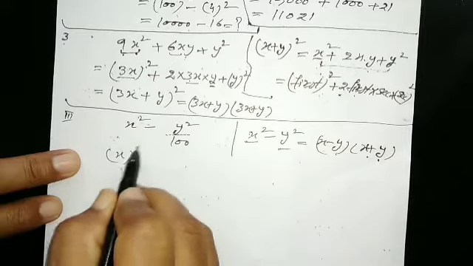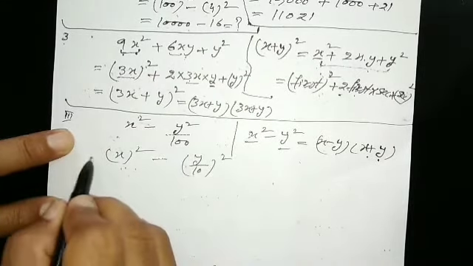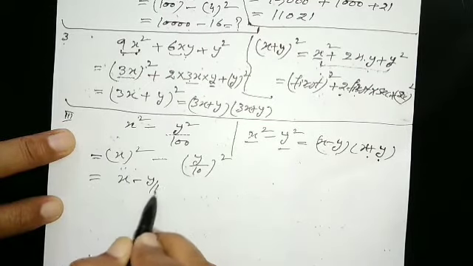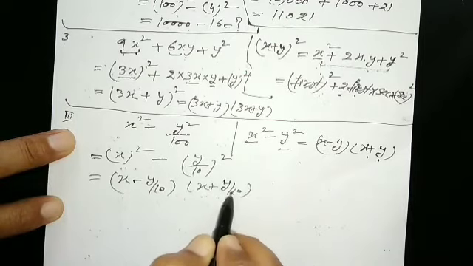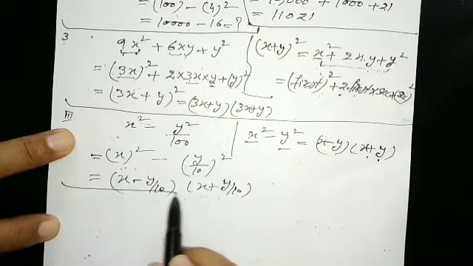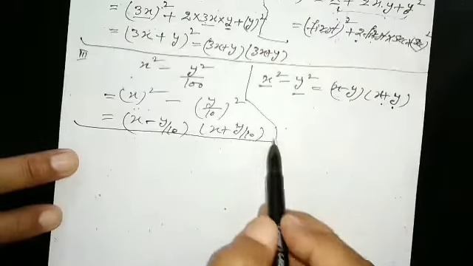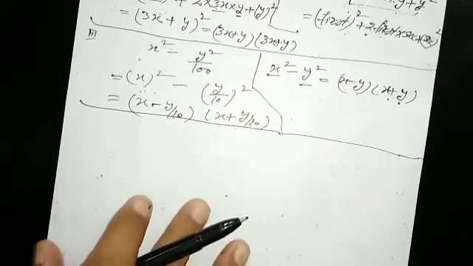So this is first and this is second, and you will get first minus second and first plus second. I think you have clearly understood the process of factorization of the polynomial using identities.